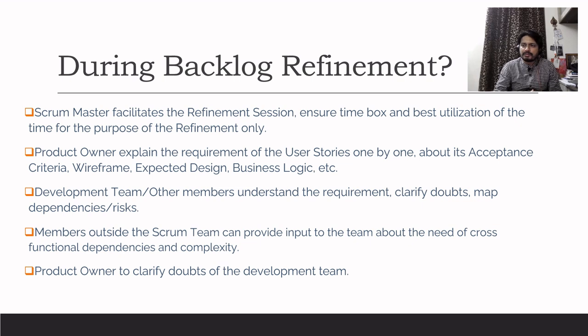And sometimes what happens, say if there are some questions which need answers, which are more on the technical side where the PO may not be able to provide clarity. And if any architect is there in the meeting, the architect is kind of a member from outside the Scrum team. They can jump in and share their input, right?